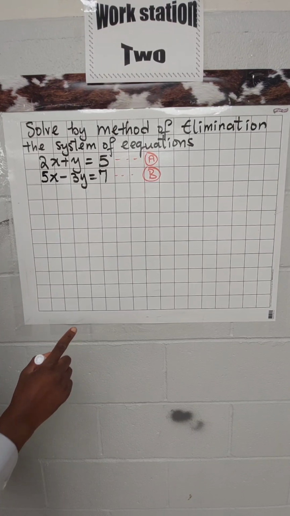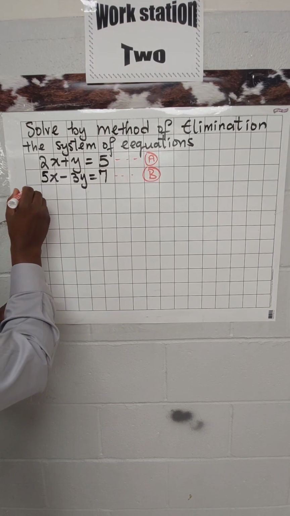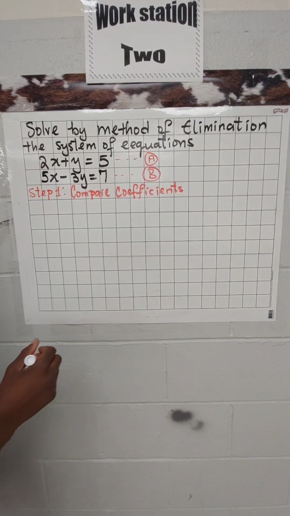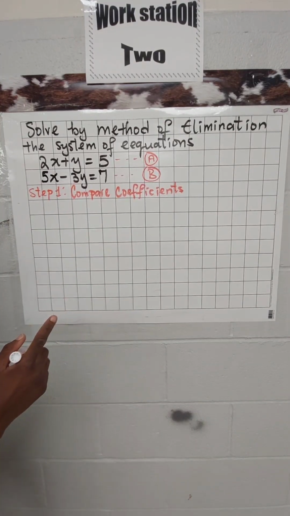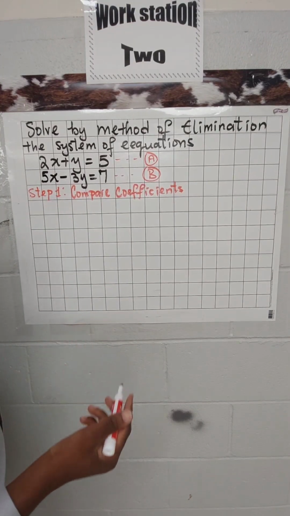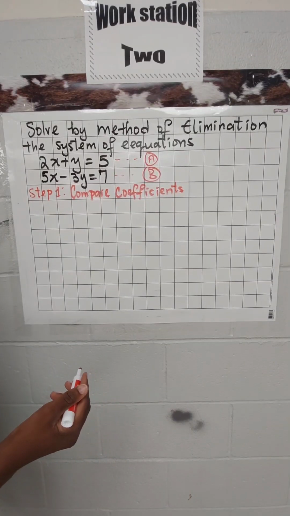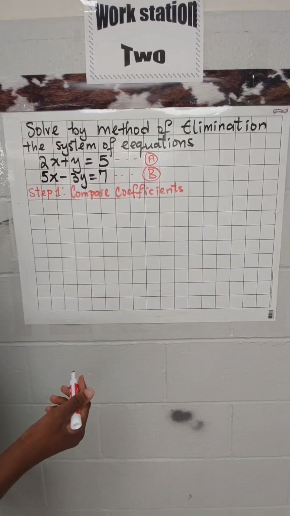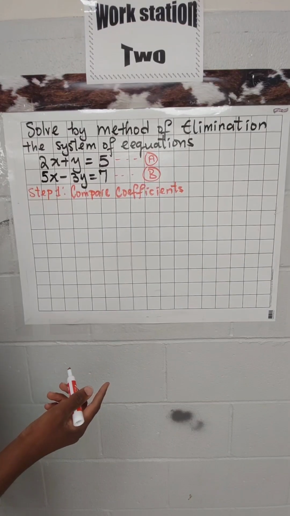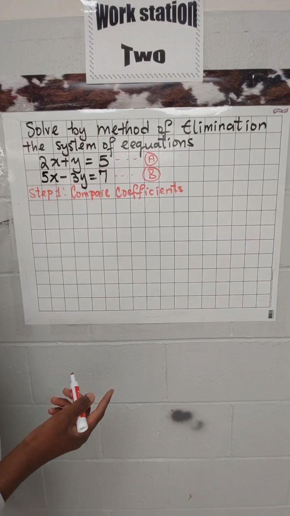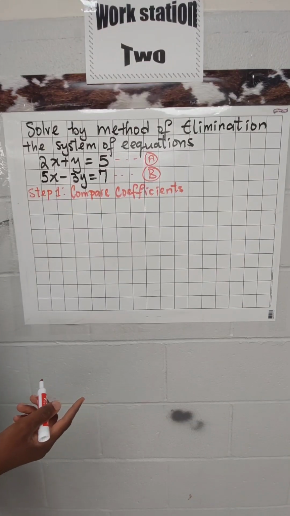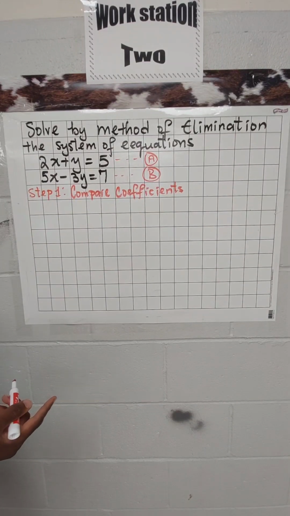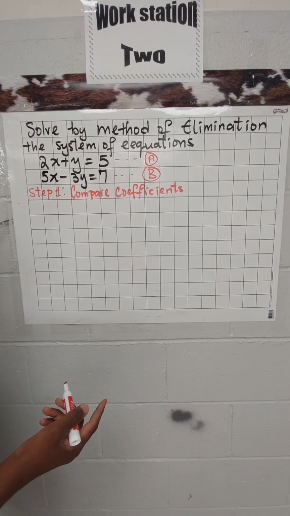The point of the elimination method is to subtract the equations to make one variable eliminated. When we subtract, that variable should become 0, or when we add, that variable should become 0. That said, we're looking for the same coefficient or inverses.